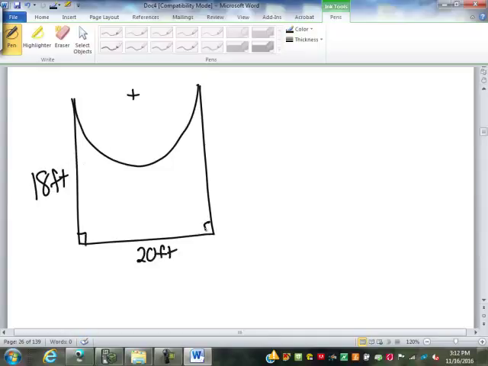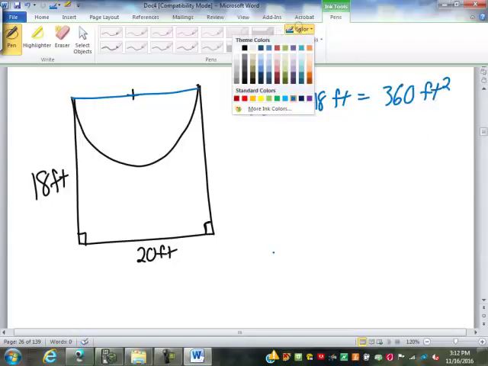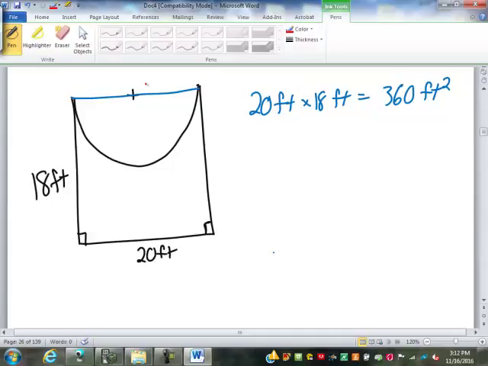This is because I didn't draw them very well. I'm going to give you that those are right angles there. The only way we could find this area here is to subtract. We would fill this in to make a large rectangle that has an area of 20 feet by 18 feet, or 360 square feet. And then we would have to find the area of this half circle.